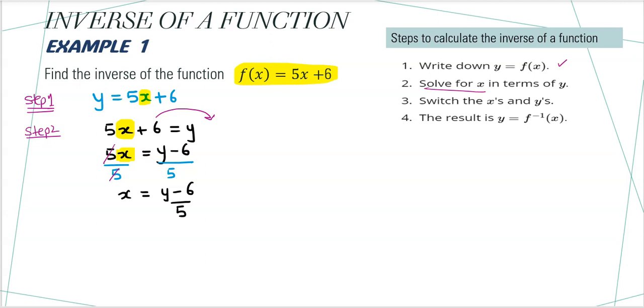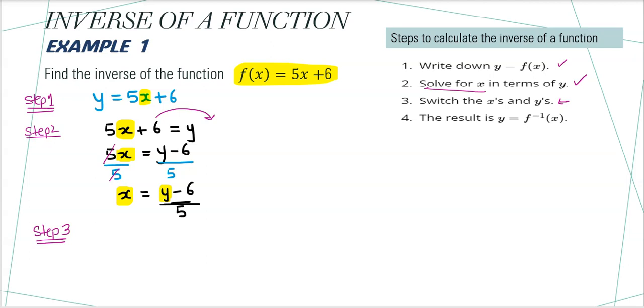Then what does the next step say? We are done with step 2. The third step says to switch x and y. So it means replace x with y and y with x. Going to step 3, wherever we see x, we change it to y, and wherever we see y, we change it to x, keeping other things unchanged.